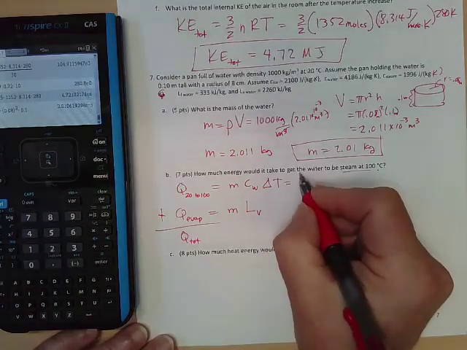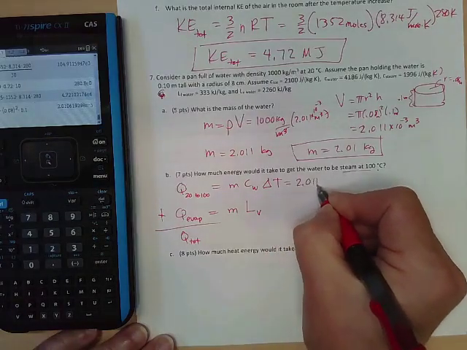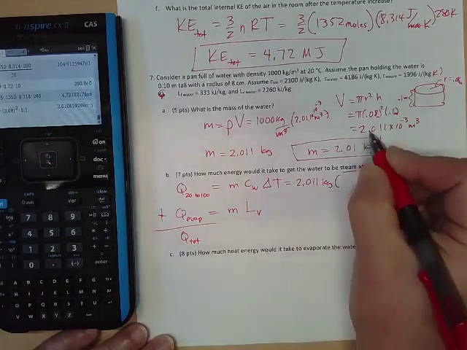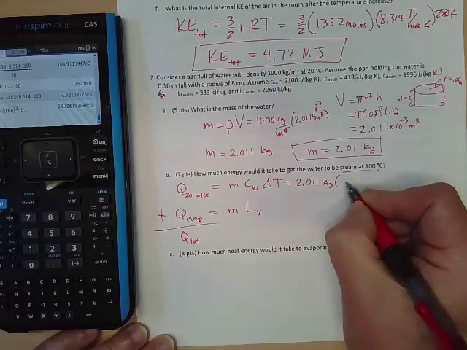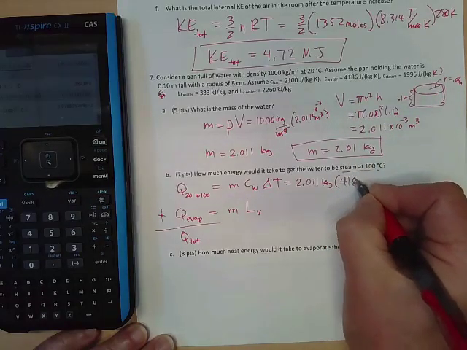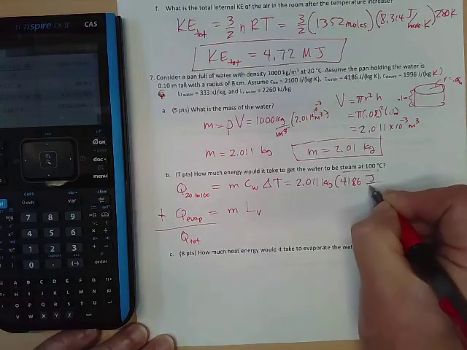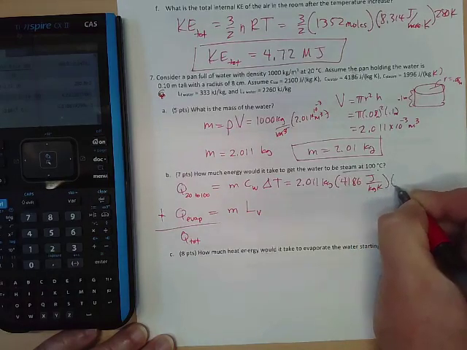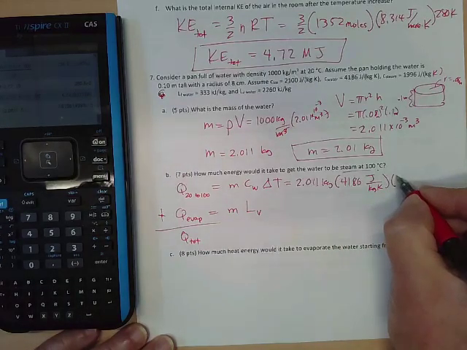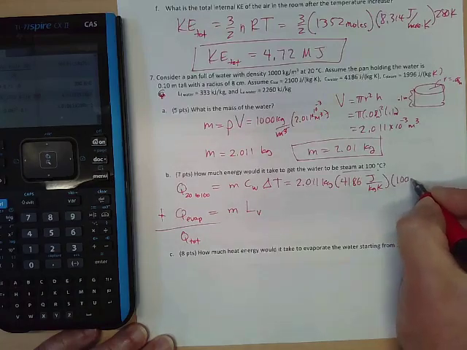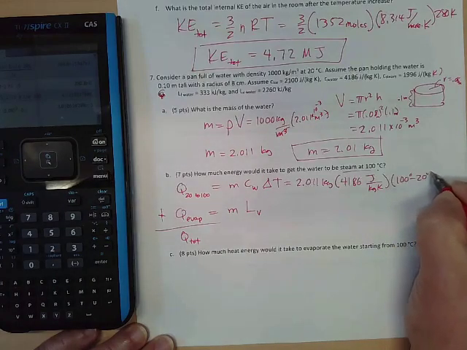Alright, so we got m, 2.011 kilograms. We got water, specific heat of water, 4186 joules per kilogram Kelvin. And we got the temperature change. The first one is 100 minus 20, final minus initial.